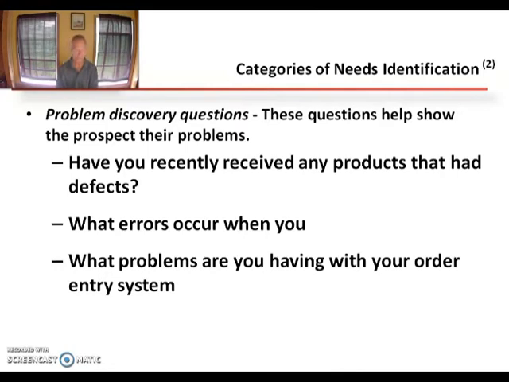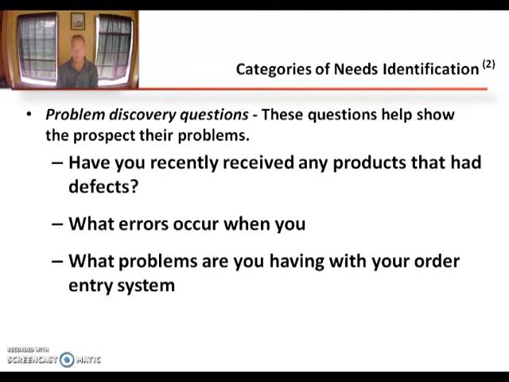Now, sometimes your prospects aren't really good about telling you their problems, so you've got to probe a little bit deeper. At that point in time, you might want to use closed probes. Have you ever had a problem with this? Have you ever had a problem with that? If you understand the industry, you know what problems occur in the industry.